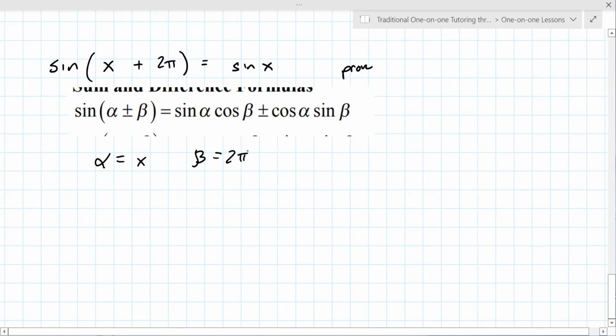So you can start formulating: sine alpha, sine x, cosine beta, 2 pi. Is it plus or minus in this formula? It's plus, because it's the top one there. Plus cosine x sine 2 pi.